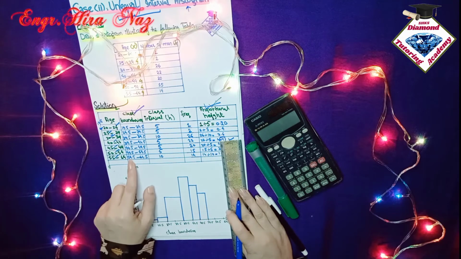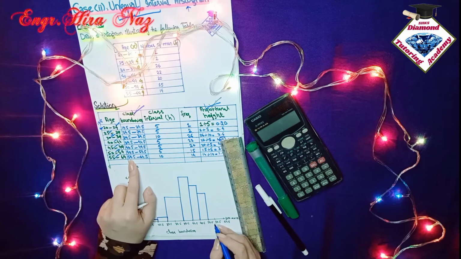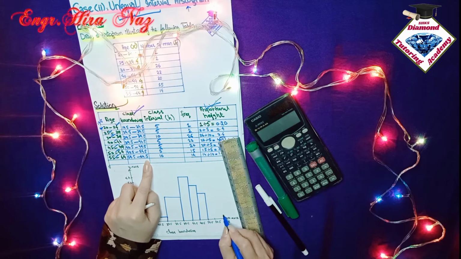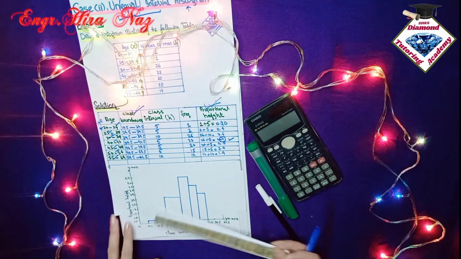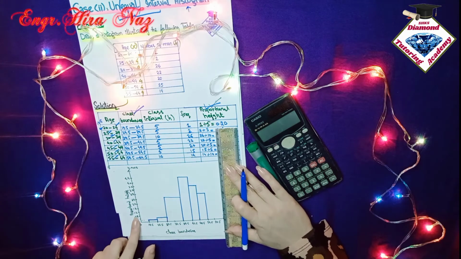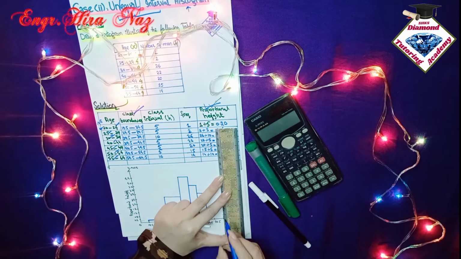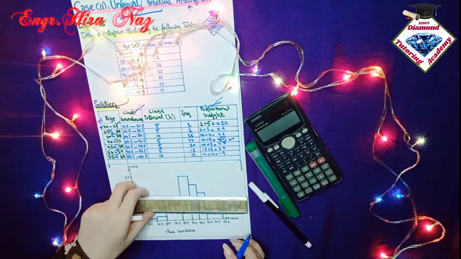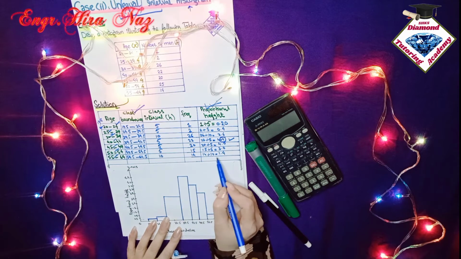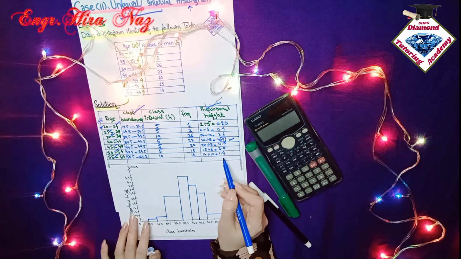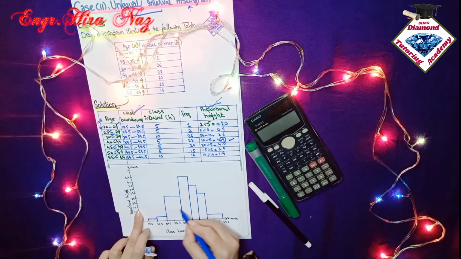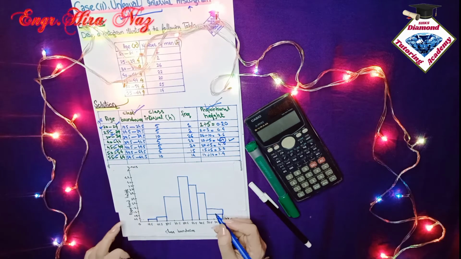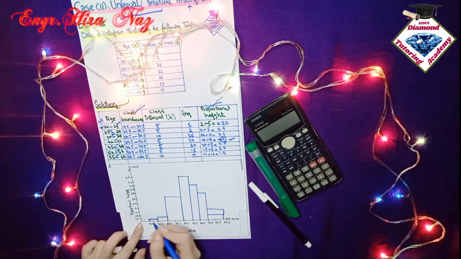The next is 54.5 lower limit and the upper limit is 64.5. The height for that is 1.4. So 1.4 is here. We can mark their heights.